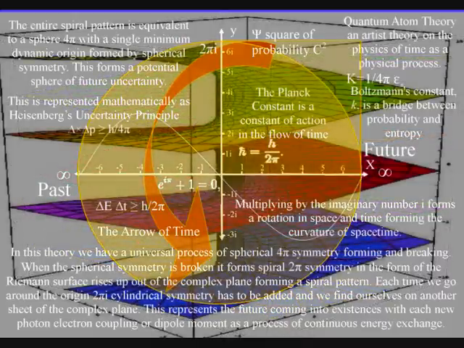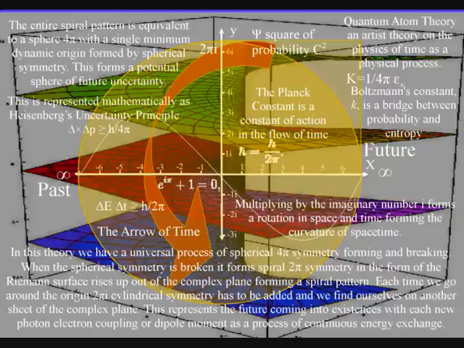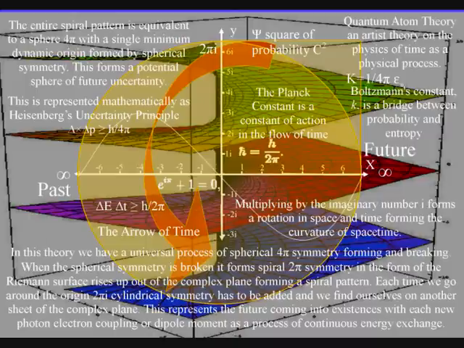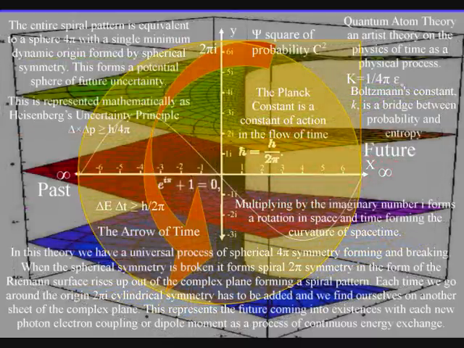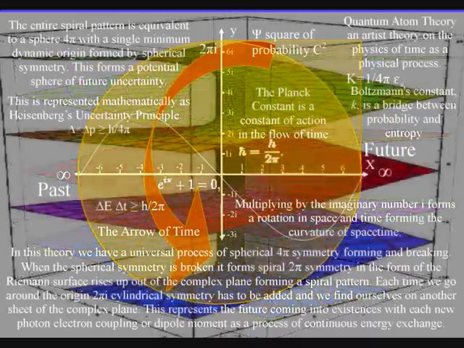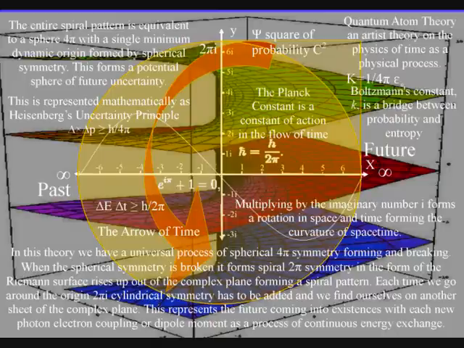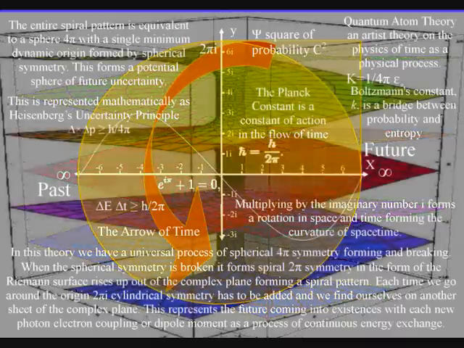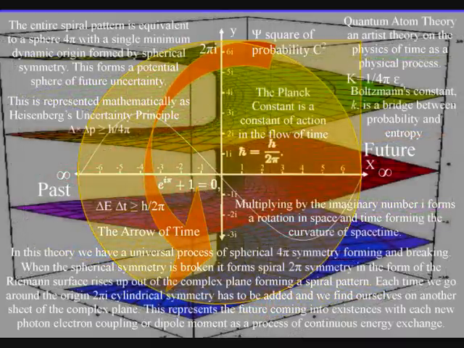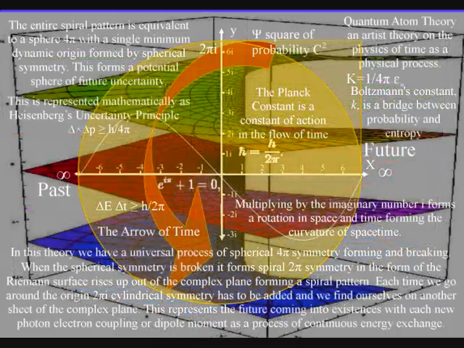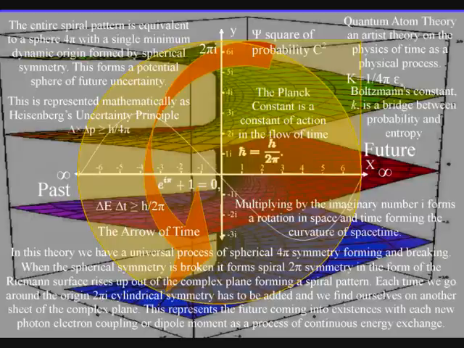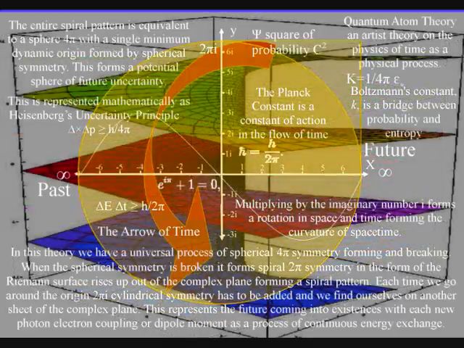It may seem at times that the theory is explaining the paradoxes of mathematics, rather than the mathematics explaining the theory. This is because human mathematics is based on the dynamic geometry of this theory. This can be seen in the way Euler's identity and imaginary numbers are part of the theory. At each rotation of the origin, 2π, cylindrical symmetry has to be added, and we find ourselves on another sheet of the complex plane.